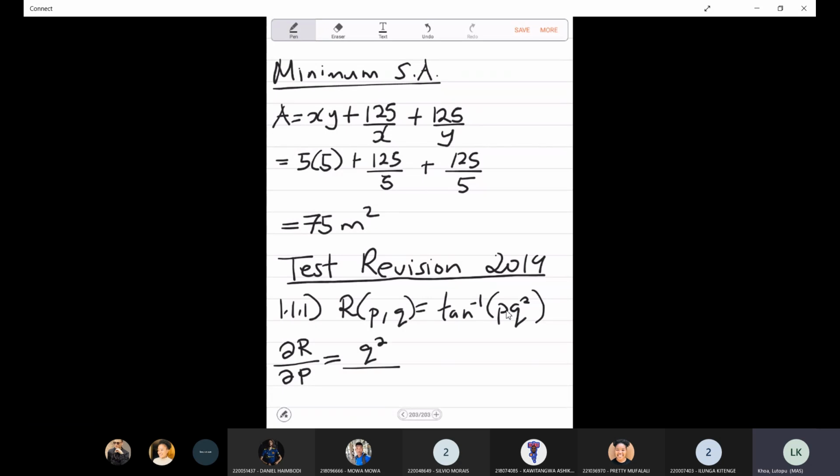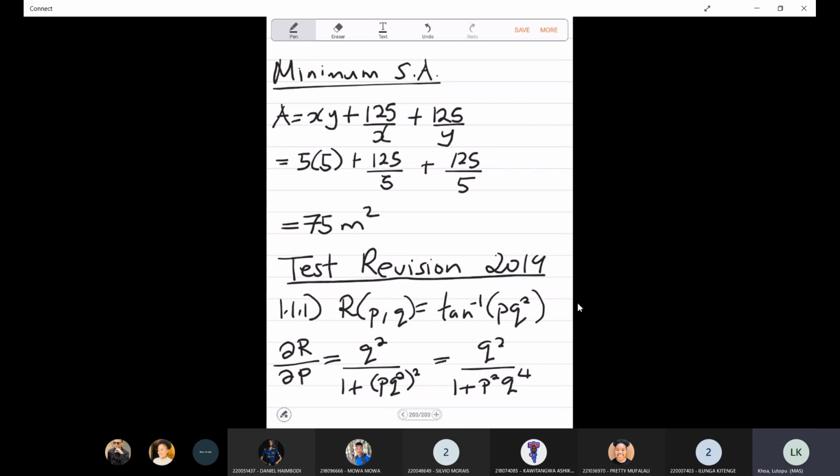And then in the denominator, we have 1 plus the function squared. So this is 1 plus pq squared squared, which is just q squared over 1 plus p squared q to the power 4. Okay, so that one, pretty simple, nothing too difficult there.